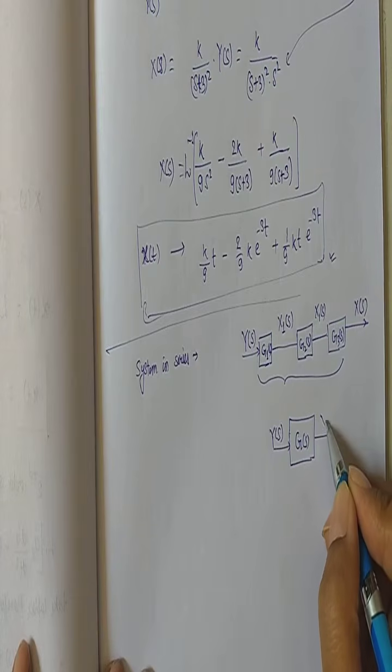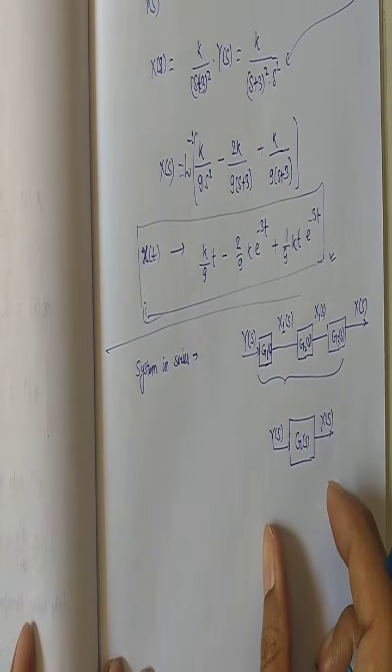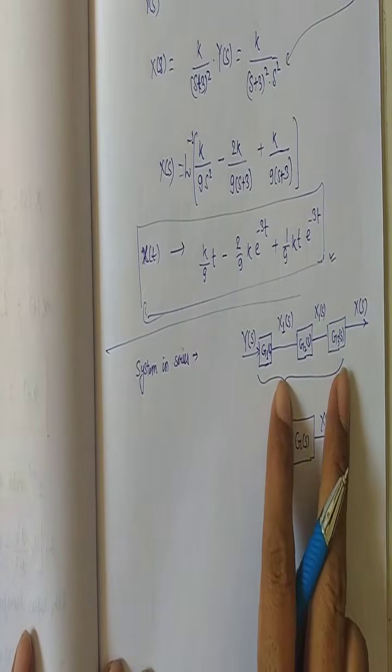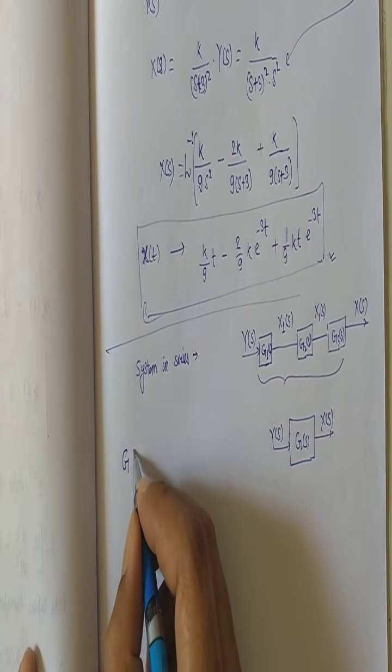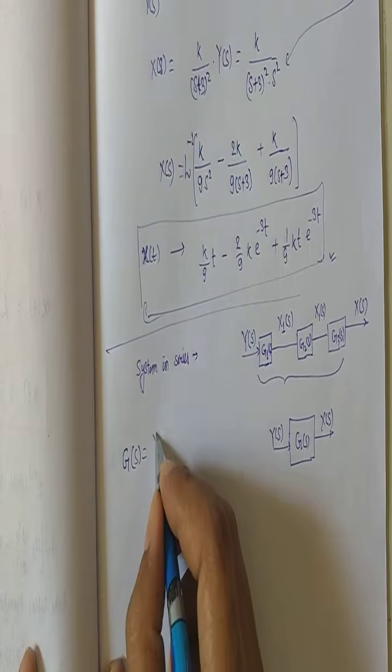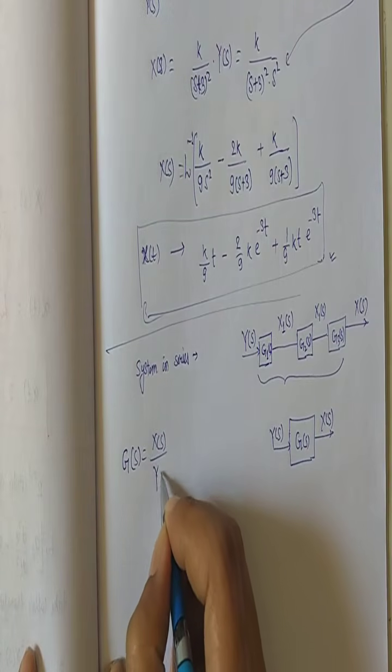So this is nothing but the multiplication of all these. So g of s is equal to xs by ys.